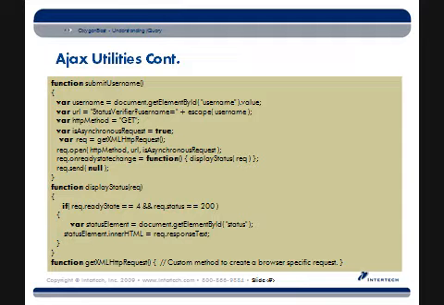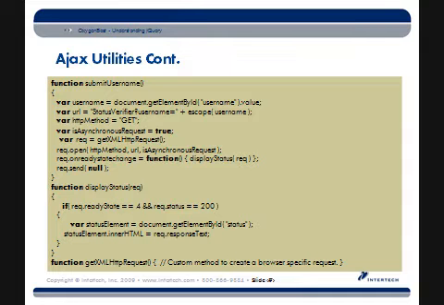So again, I have the username, I've created the URL, I've configured my request object, I've registered my callback function. Again, if you're not familiar with Ajax, and this might sound a little strange, but we will be moving on to DOM in just a second, so hold on for the rest of the people. So we have our callback function. Once the callback function is called, I need to check the ready state, because I need to make sure that the request is completed, that it's in number 4.